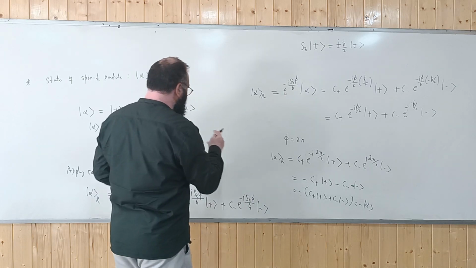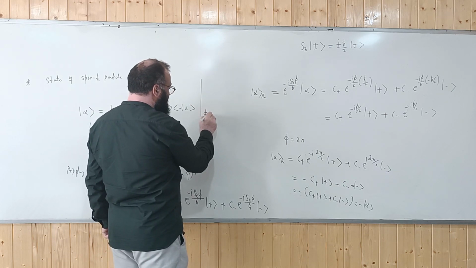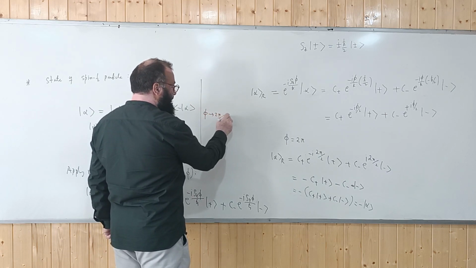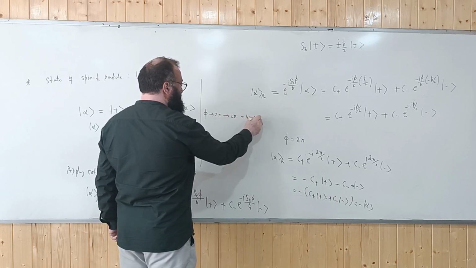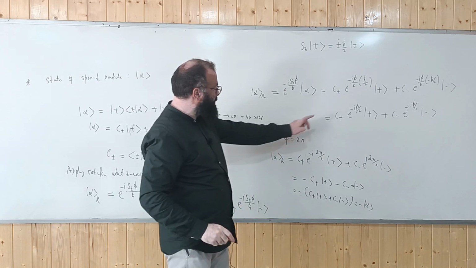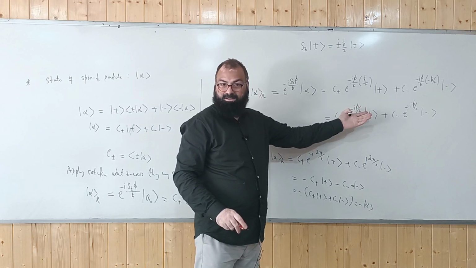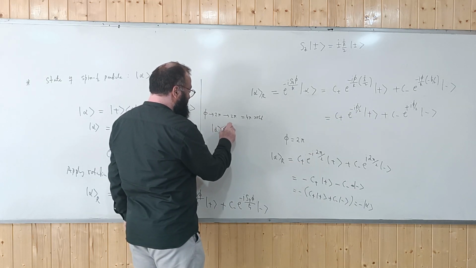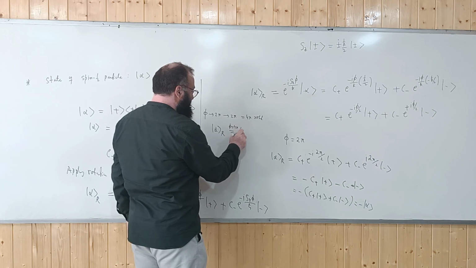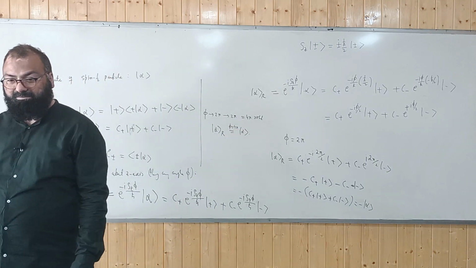So if I take another 2 pi rotation, I go first to 2 pi, then again 2 pi. So the total is how much? 4 pi rotation. So put a 4 pi here. It will be e raised to the power i 2 pi, that's 1. Got it? So in other words, after a 4 pi rotation, phi equal to 4 pi, you will get it back. Okay, so much for now.